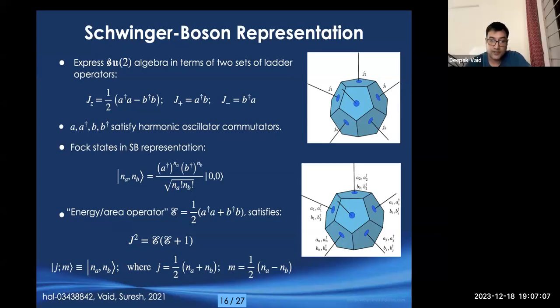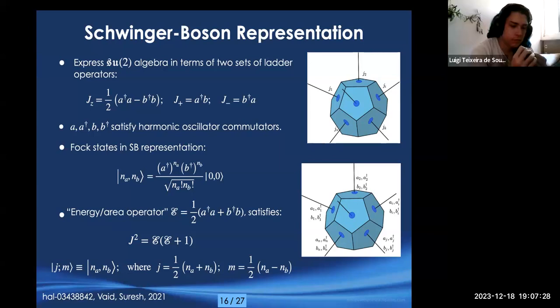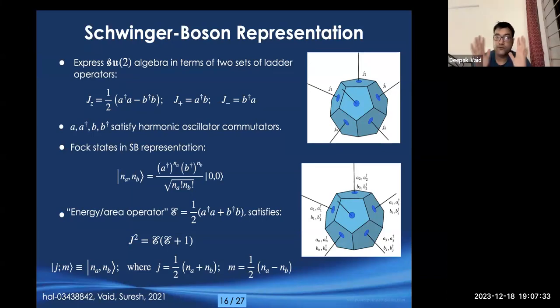So you can show that there is a one-to-one correspondence between this harmonic oscillator excited state and this angular momentum state. And so you can see if you start with some j, let's say j is equal to 2, right?